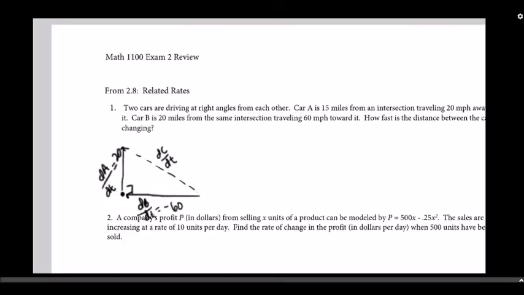So if we use what we learned back in section 2.8 for related rates, we need to first create an equation that relates all of these variables. If we have a right triangle, then the equation is easy. It's Pythagorean's theorem, a squared plus b squared equals c squared.